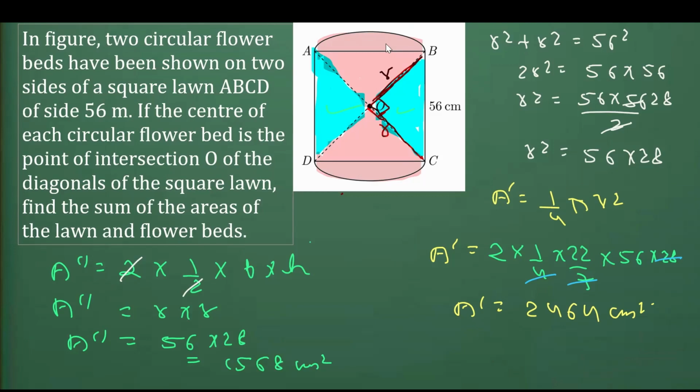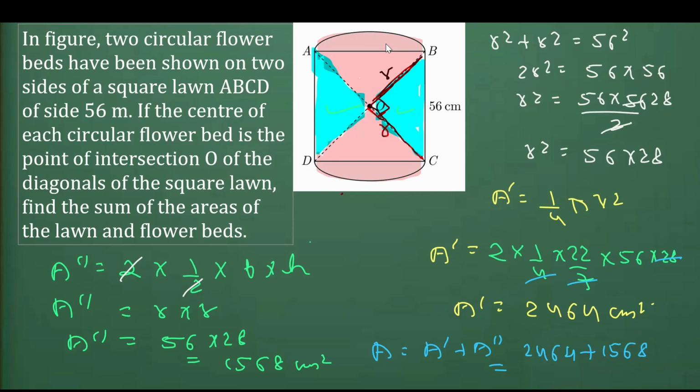As you know, we have to find the combined area of these two. So clearly the final area, say A, will be A dash plus A double dash. So adding these two numbers, that is 2464 plus 1568.